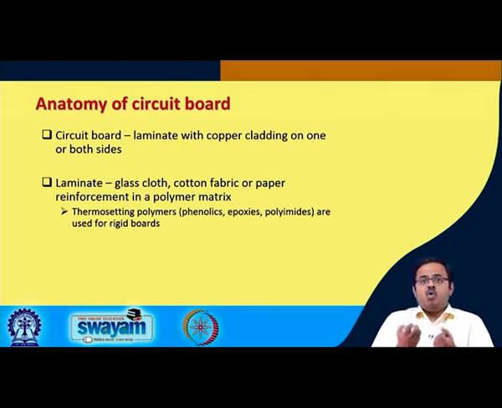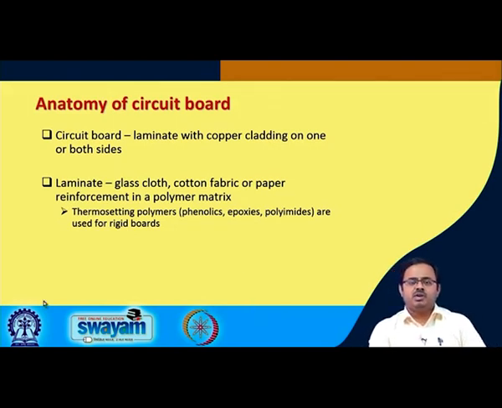That is what holds the glass cloth fibers as well as the copper traces or copper claddings that we are going to talk about. So, the laminate most commonly consists of a glass cloth in a binding material. The binder is a polymer matrix. Clear?